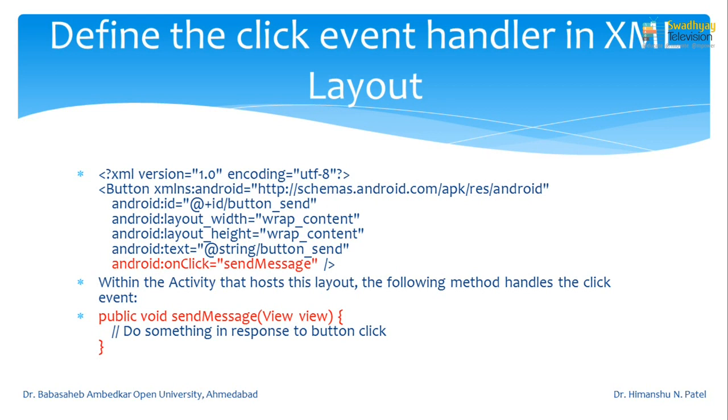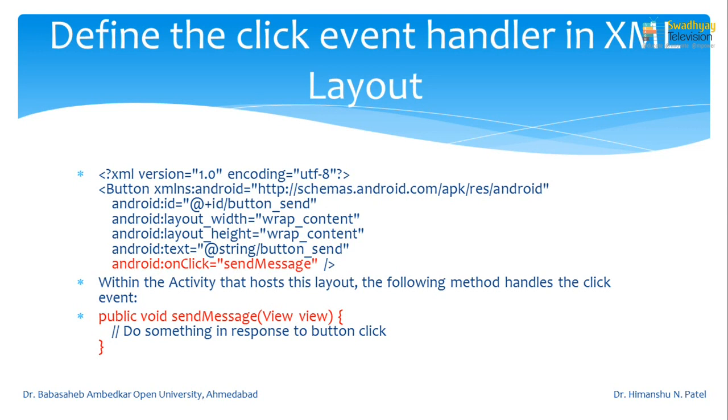You must define this sendMessage method inside your activity file, which is the Java file associated with this user interface, and inside this public void sendMessage, which takes one argument called a view object, you can write code to handle the button click event.